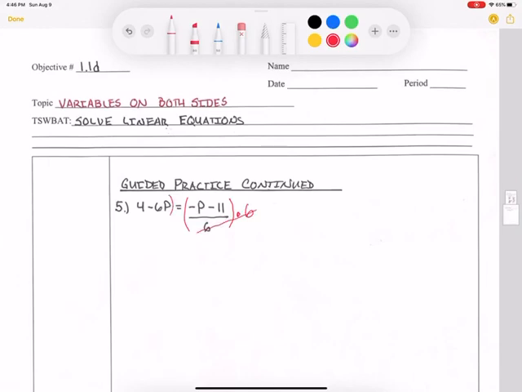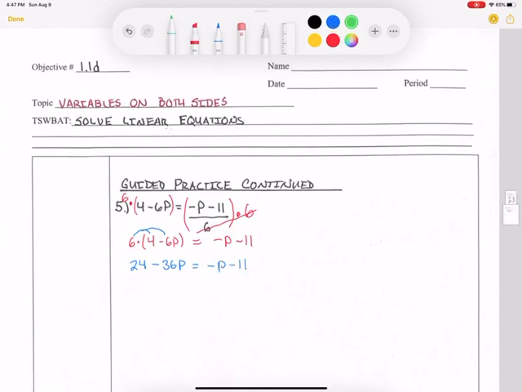When I multiply this side, I want to put everything in parentheses so that I'm getting both pieces. I'm going to multiply by 6. So I'm just going to write it out as is. 6 times 4 minus 6p equals negative p minus 11. Now what I'm going to do is distribute the 6. And I have 24 minus 36p equals negative p minus 11.